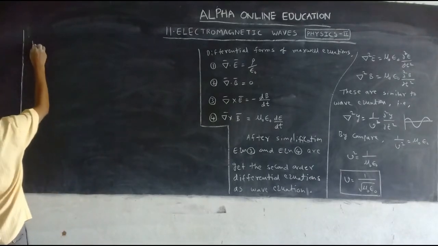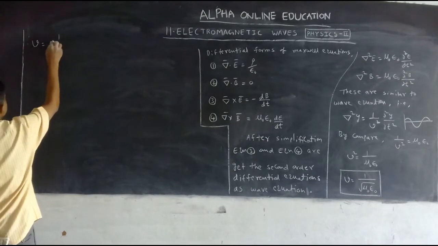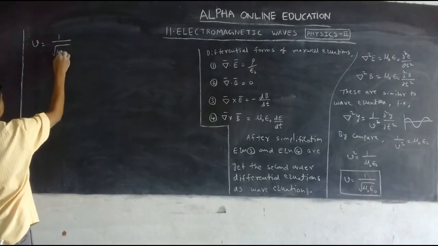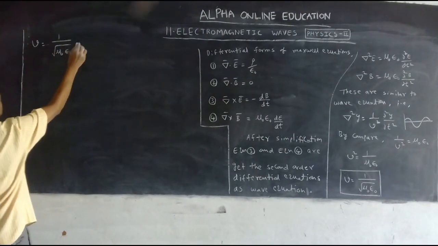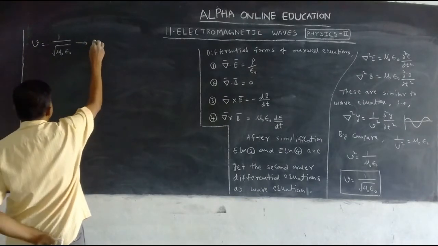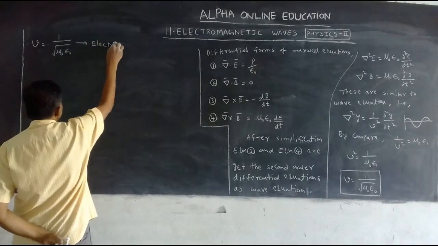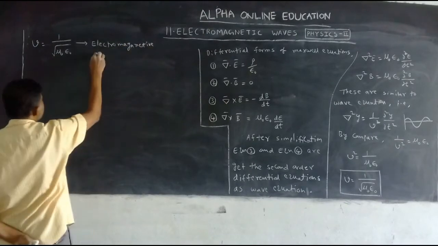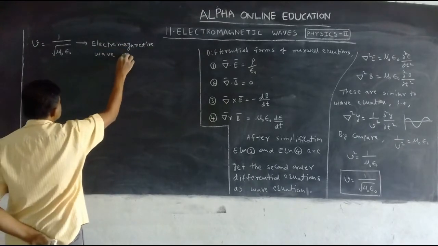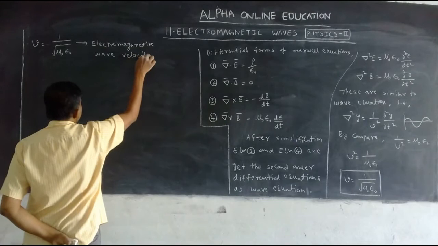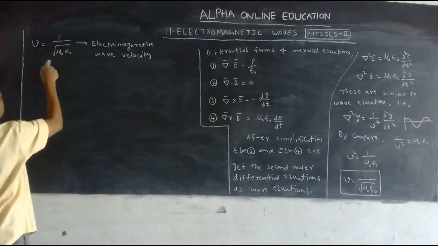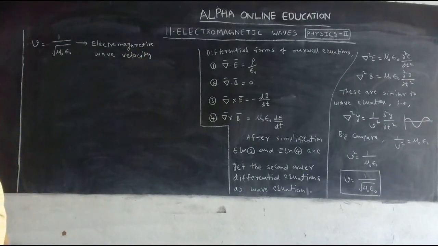It has some velocity. Now what is the velocity of that electromagnetic wave? V is equal to 1 by root mu naught epsilon naught.